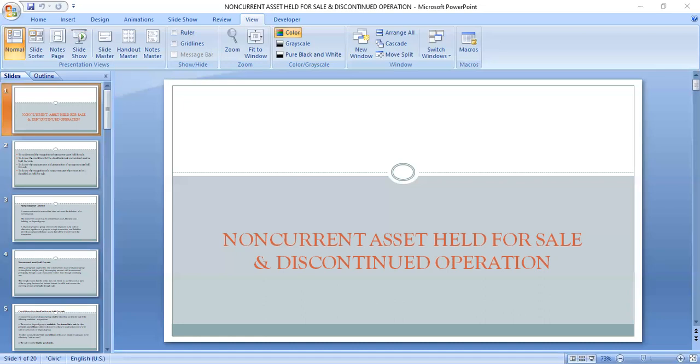Assets, liabilities, income, and expenses are directly attributable to the component if they would be eliminated when the component is disposed of. Accordingly, a discontinued operation occurs when the operations and cash flows of that component have been or will be eliminated from the ongoing operations of an entity, and the entity will have no significant continuing involvement in that component after disposal.